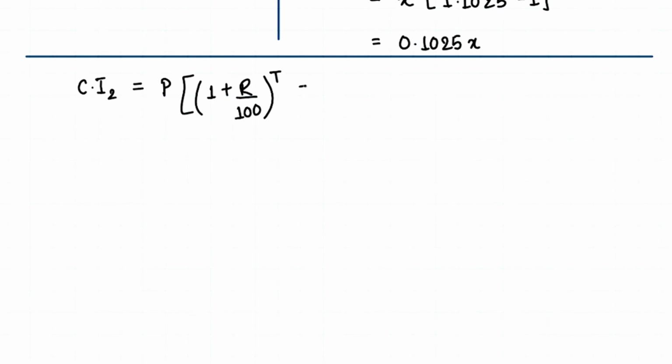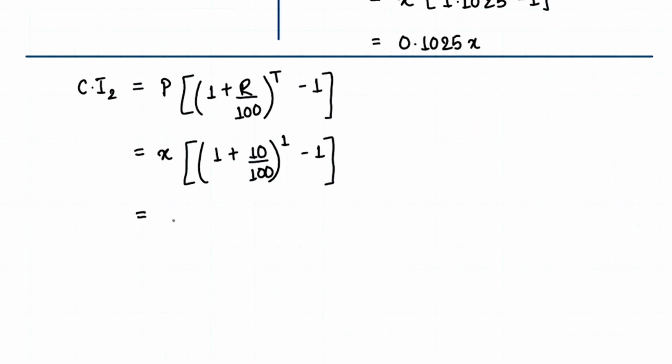Equals, again, we don't know the value of principal, it says X, (1 + 10/100)^1 - 1, our time period was just 1.